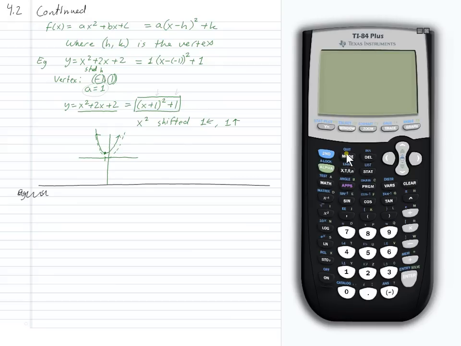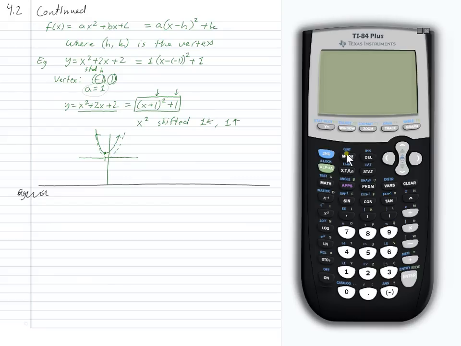So that's why we call it vertex form. The horizontal shift takes place because of what's happening inside parentheses. The vertical shift takes place because of the constant outside. And the point that we are interested in, the vertex in particular, is shifted according to those specifications.